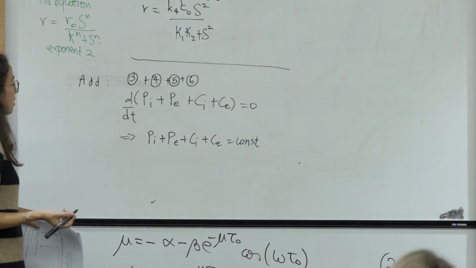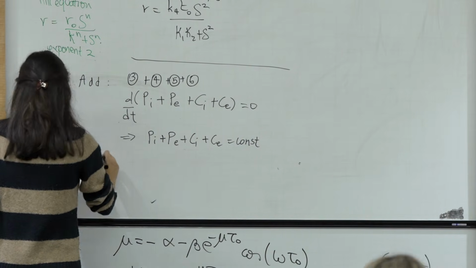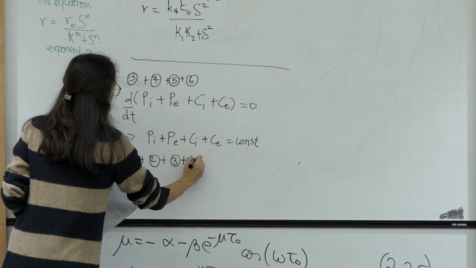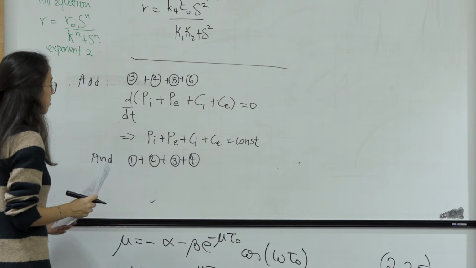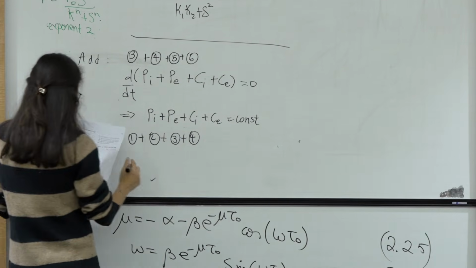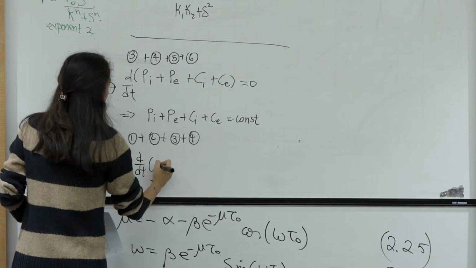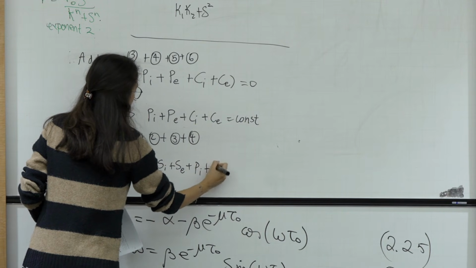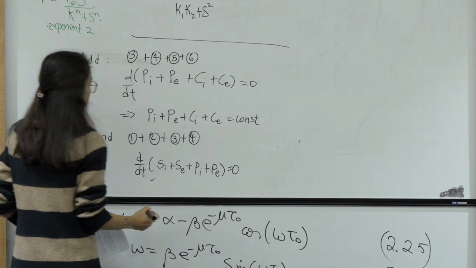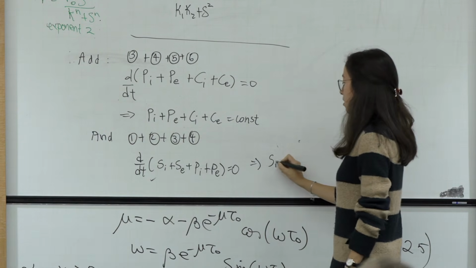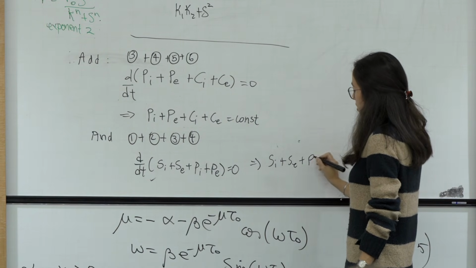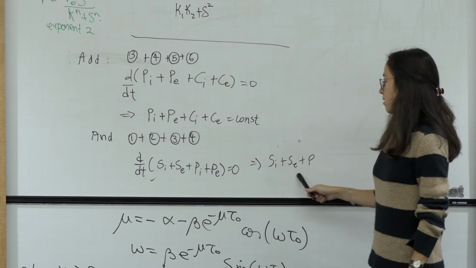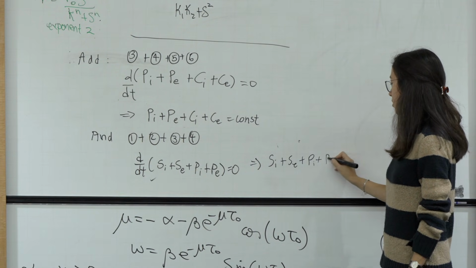And I'm going to do another addition here. I'm also going to add 1, 2, 3, and 4. So 3 and 4 are basically involving the products in the interior and exterior. So when you do this, you also get that now the substrates on the inside and outside plus the products are 0, which implies that, if you want to think about this intuitively, what this is telling us is that the concentration of the complexes and the substrate is conserved during the process.